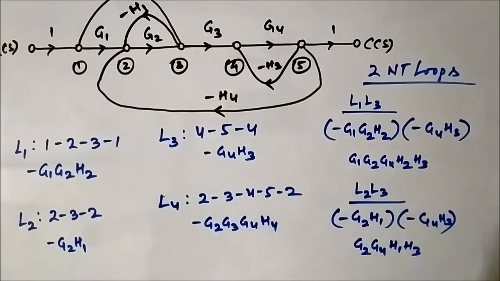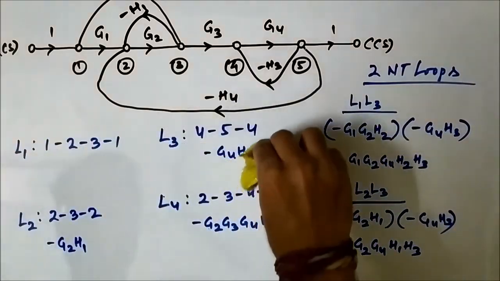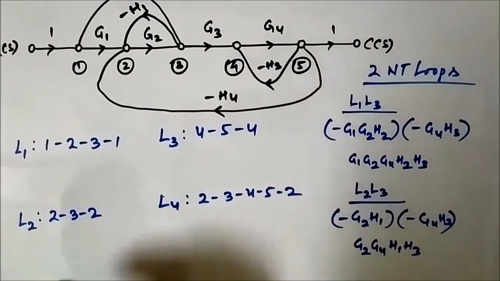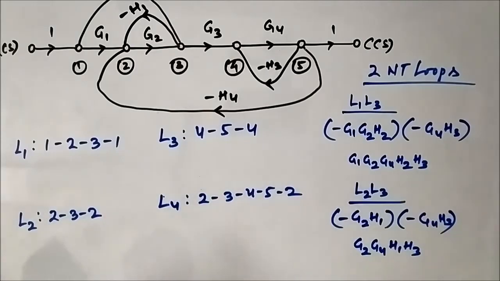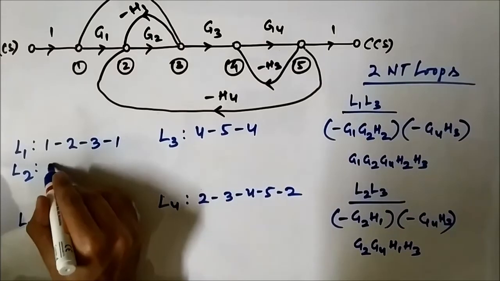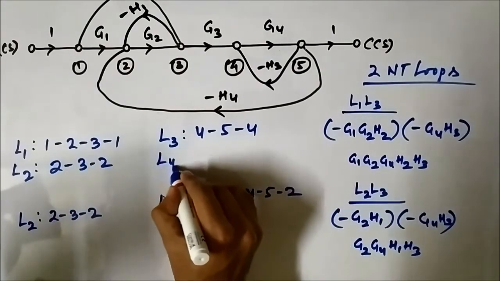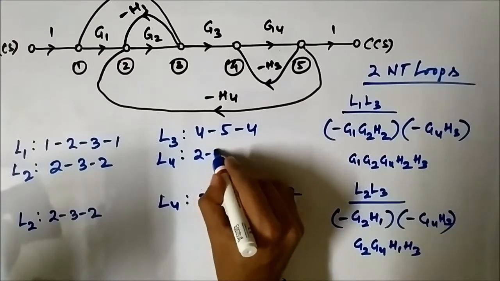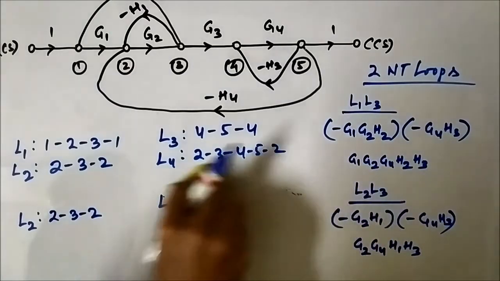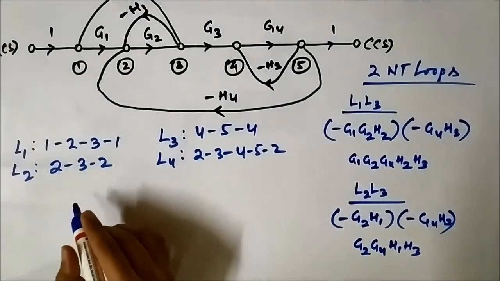I have to remove them because there is no space left. I'll write the loop equations here. L2 is 2 3 2, L4 is 2 3 4 5 2. We have to again write the nodal representation of the path to determine the path factor.